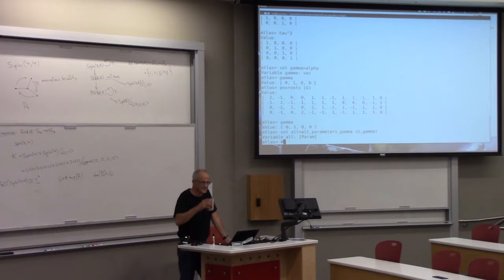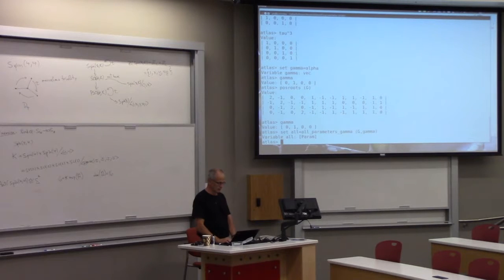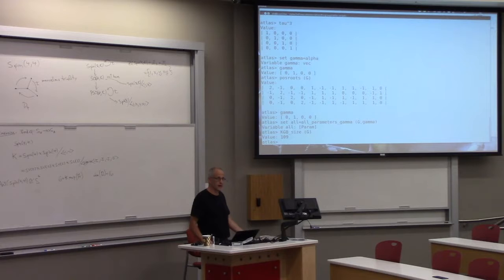In fact, first of all, what's the size of the KGB? No, that's a good question. KGB size of G, 109. Lower bound. Well, that's a lower bound at rho. No, even that's not correct, because they're local systems.